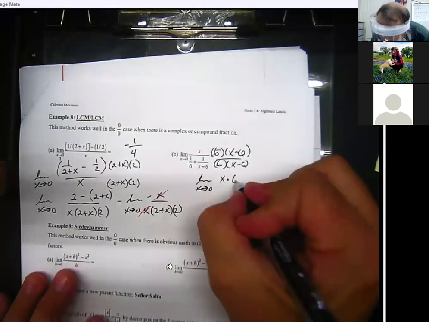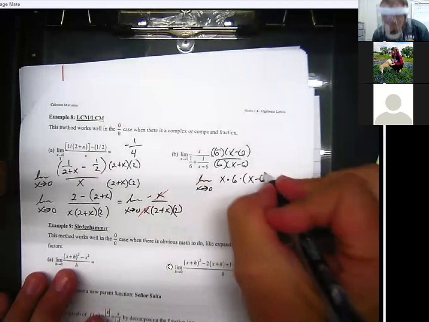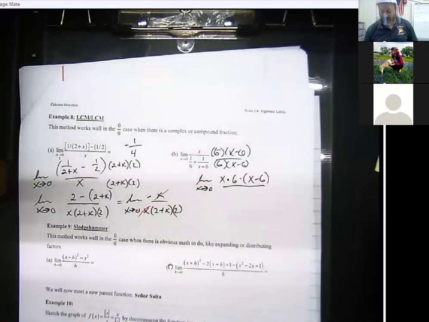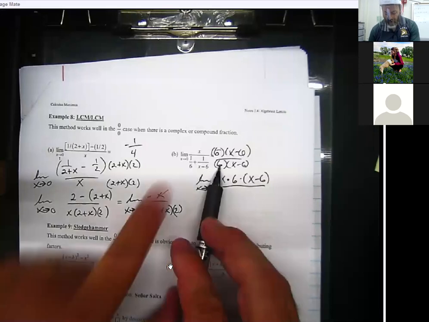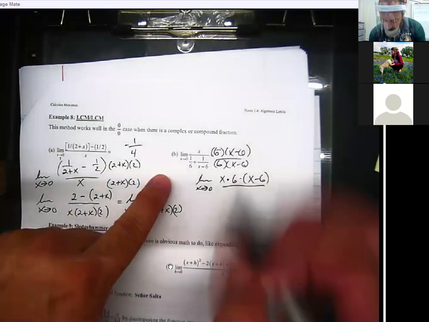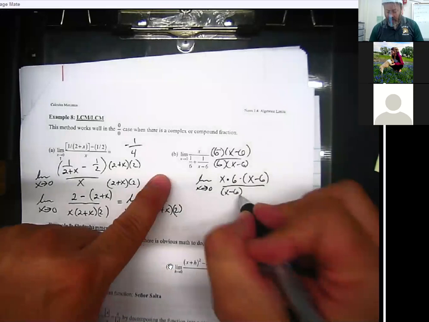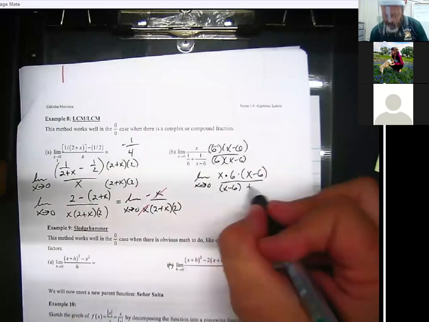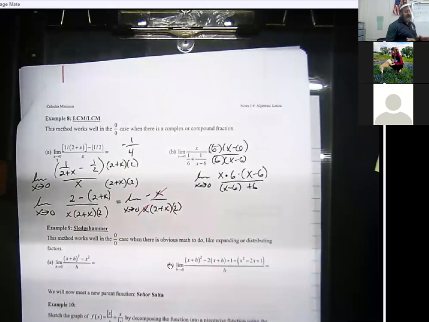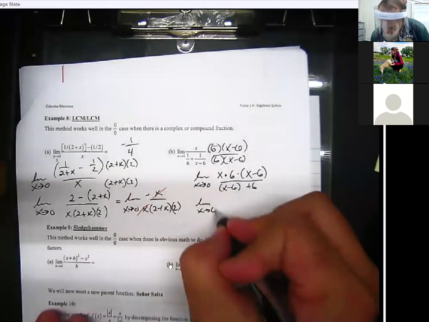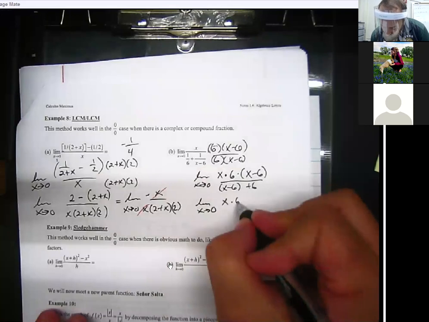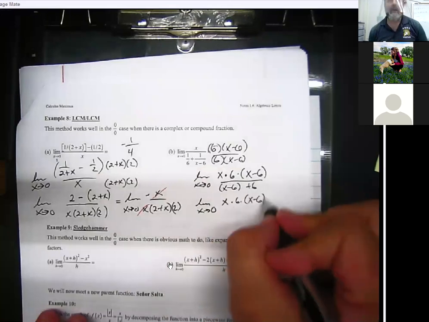But I still have an x on top. I still have a 6 on top. I still have an x minus 6 on top. What happens in the bottom? When this hits this, what's left? Careful. The 6's would cancel. This times this is going to leave an x minus 6. When these hit, it's going to leave the 6. Now, ultimately, you still have the x, the 6, the x minus 6 on top, and what's on the bottom?